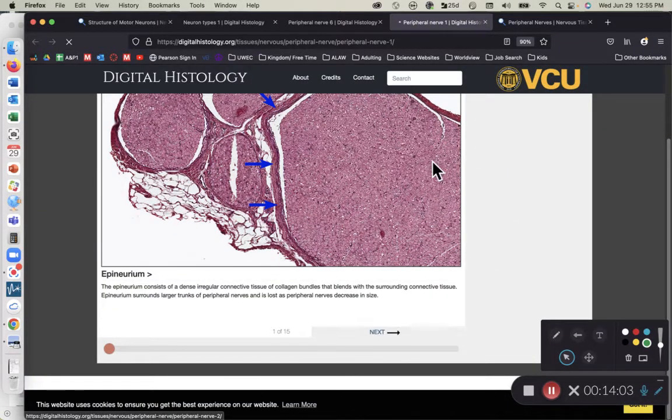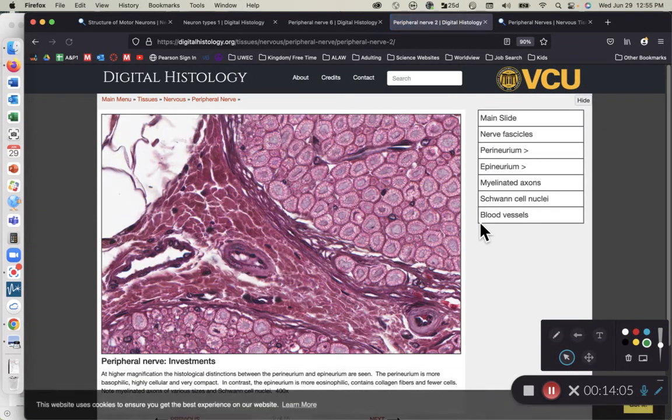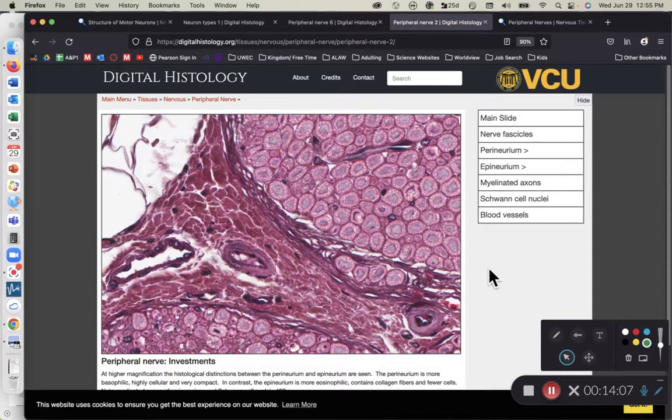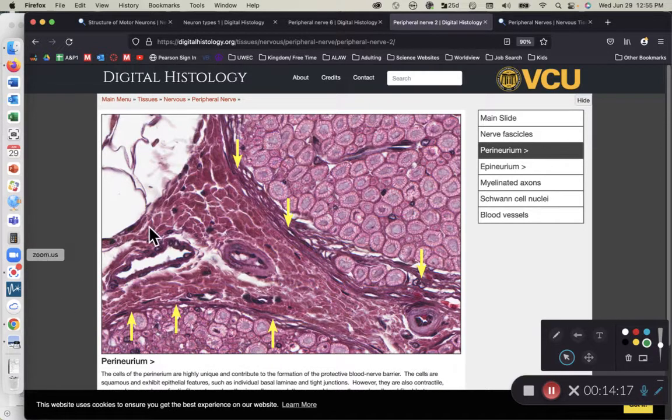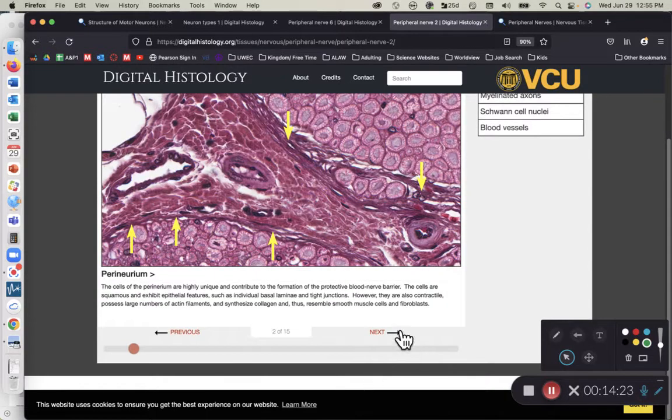Let's go ahead and pull up an endoneurium view here within digital histology. As we're looking at this view right here, we can see the endoneurium is that dark pink band. I'm also linking the perineurium in this view, that dark pink stained bundle or cluster of connective tissues.